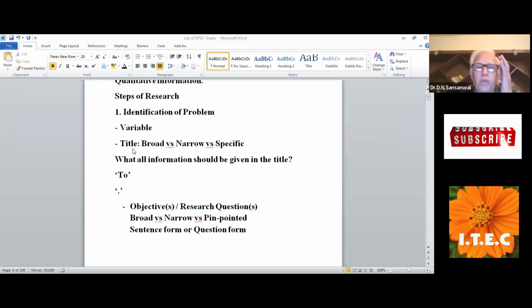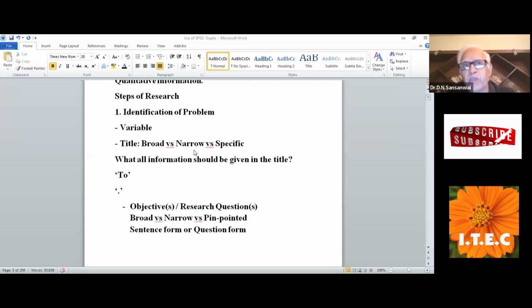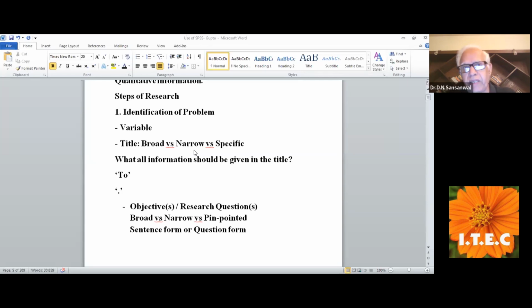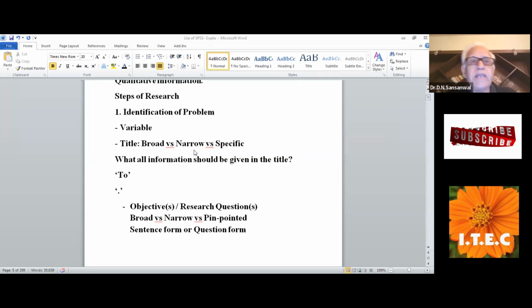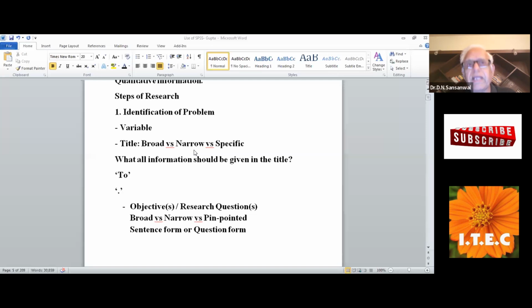And once you have selected the variable, then you must write the title. Why? Because your title is always narrow. From one title, you can write more than one objective. So without writing the title, you will not be able to write objectives. And your objectives must be pinpointed. The more pinpointed your objectives are, the better it is. Why?